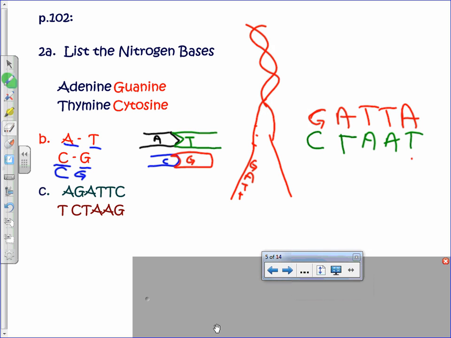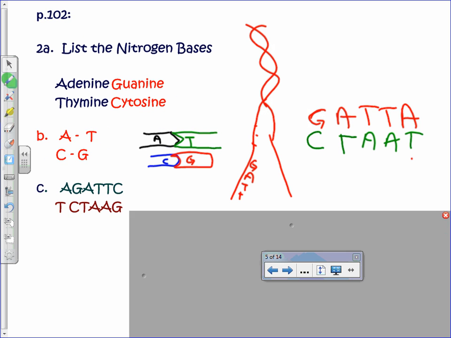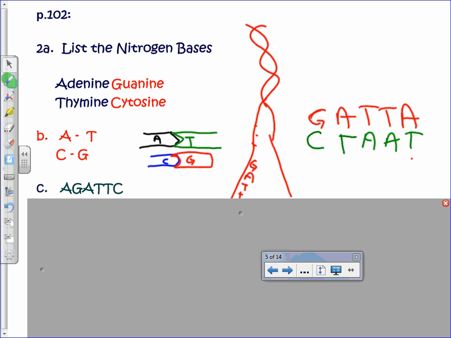Okay? So I know during second period when I was helping some of the kids with this answer, they were like, I don't understand that last one. It's so confusing. This right here, it says, if this is the original, AGATTC, right? It says, what does the other side look like? And people are like, well, how in the world am I supposed to know that? It's actually pretty simple, right?